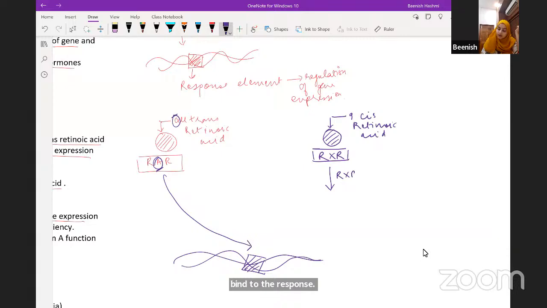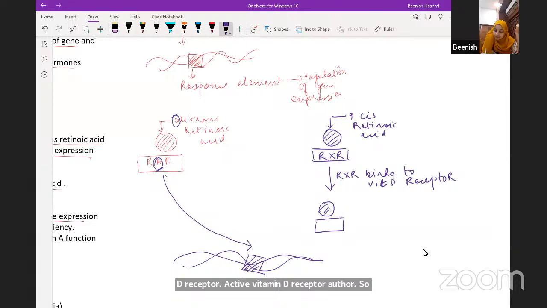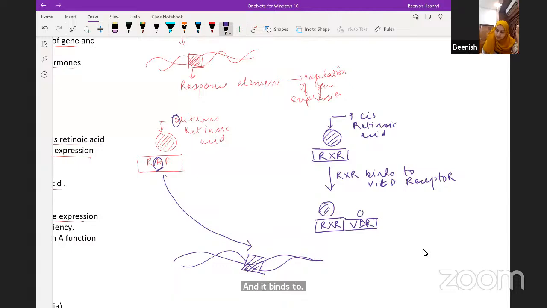So this RXR binds to the vitamin D receptor, active vitamin D receptor, or thyroid hormone receptor.